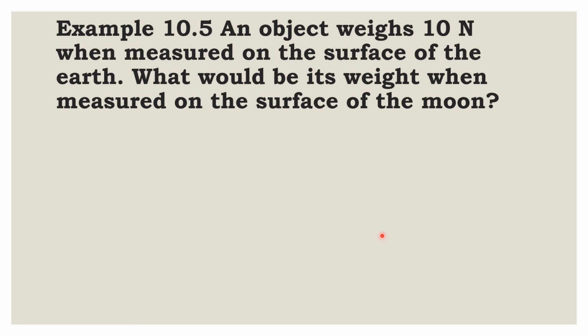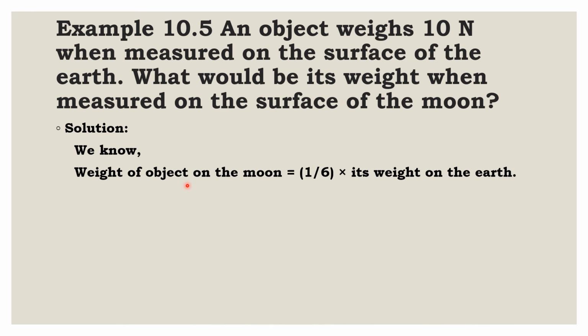Now example 10.5. An object weighs 10 Newton when measured on the surface of the earth. What would be its weight when measured on the surface of the moon? So let's see the solution. We know that the weight of an object on the moon equals 1/6 its weight on the earth.